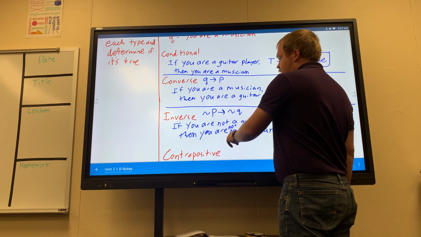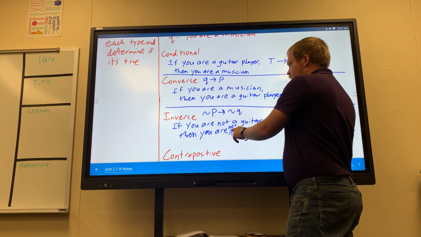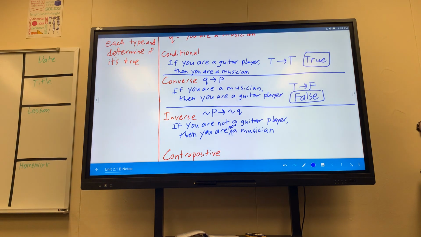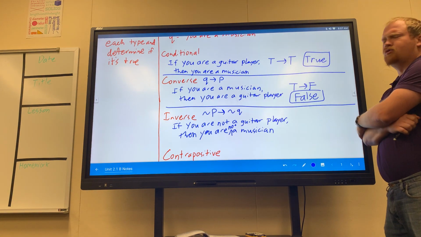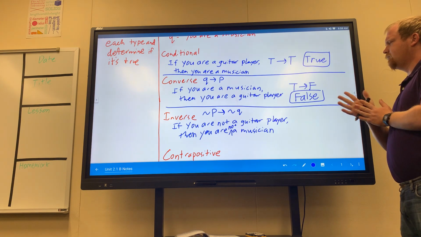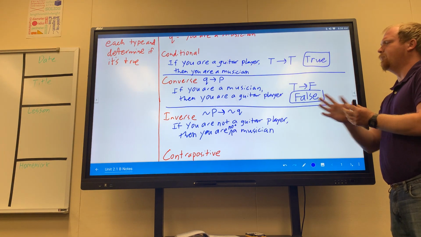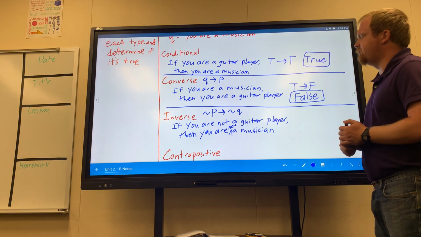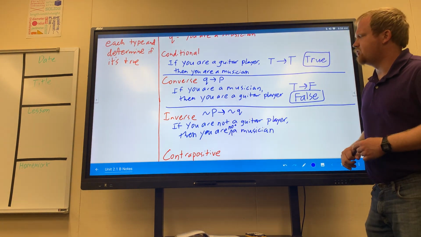In case you guys don't remember, the little arrow just puts a replacement for that word. Put it in place, kind of like in grammar. So that's just a little arrow pointing to put the word between R and A. You are not a musician. If you're not a guitar player, you are not a musician.